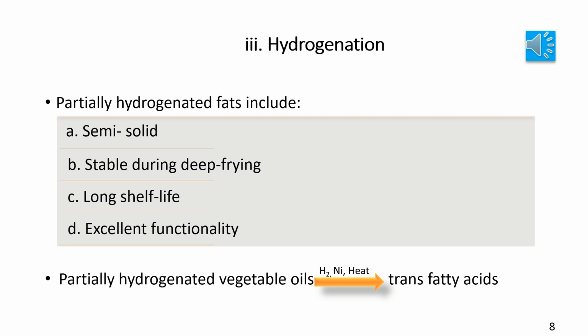But after that, the product is no longer guaranteed to be safe to use. Number 4 point is that its functionality is good. In this process, the partially hydrogenated oil, by providing hydrogen gas, nickel catalyst or heat, is converted into trans fatty acids.